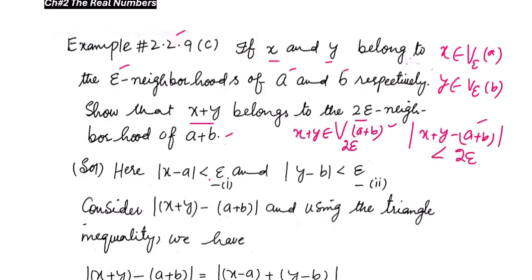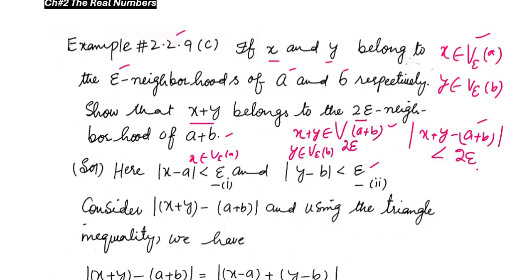Here, considering the definition of epsilon neighborhood of a, when x belongs to the epsilon neighborhood of a, you can write it as absolute x minus a less than epsilon. Similarly, when you say y belongs to the epsilon neighborhood of b, this gives absolute y minus b less than epsilon. Now I have to show absolute x plus y minus a plus b less than 2 epsilon.